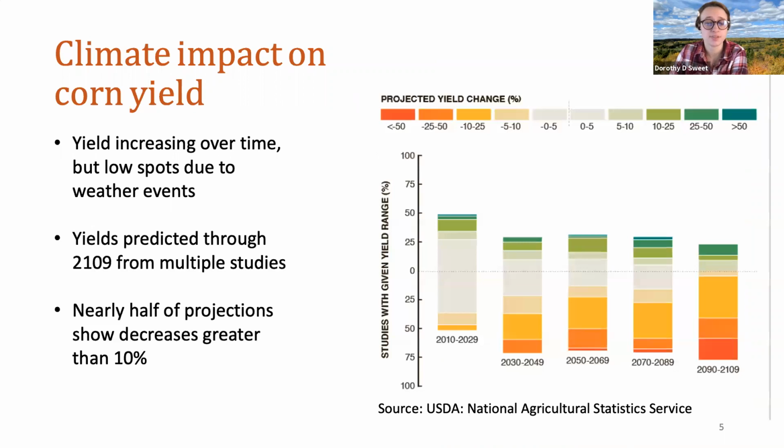This figure summarizes studies that predicted the change in corn yield over the next 100 years. Some studies still estimate a positive yield in the next 100 years, but nearly half of the projections beyond 2050 indicate yield decreases greater than 10% and only getting worse from there.